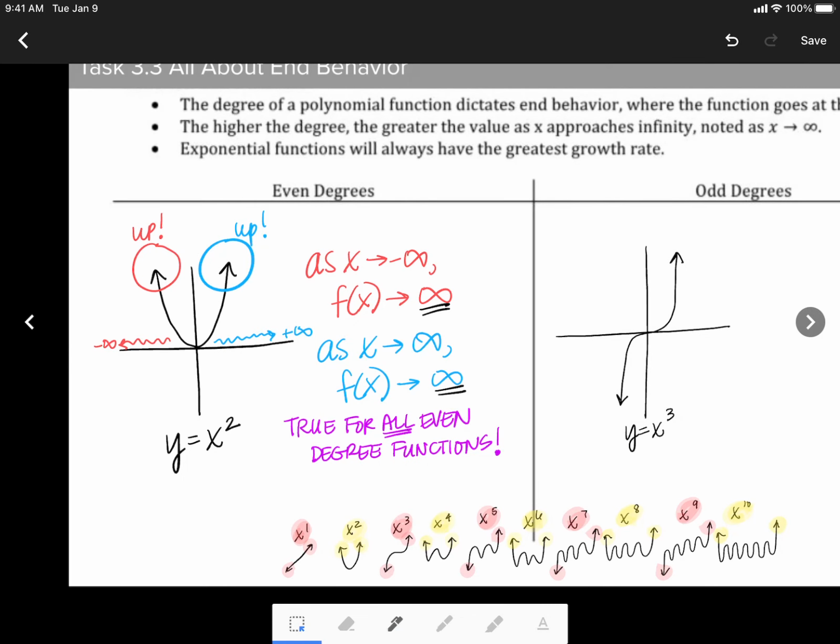Okay, let's explore either end of it. Let's go towards the negative end first. As we go out to negative infinity, or as we look to the negative x end of our graph, where is our function going? Down.